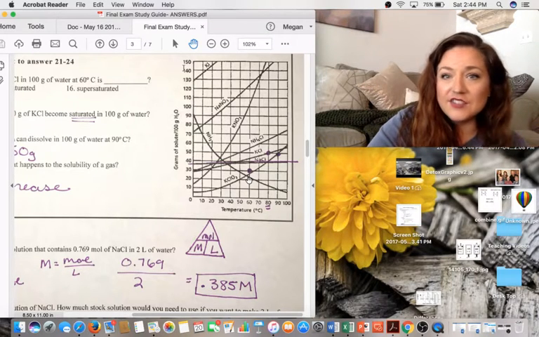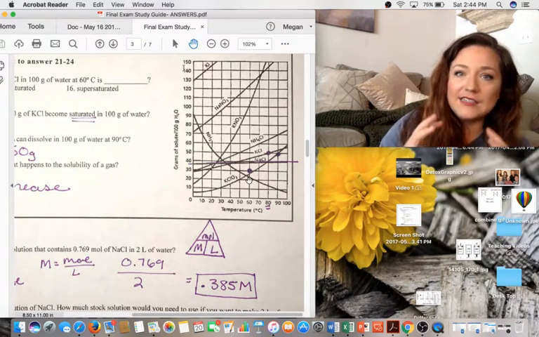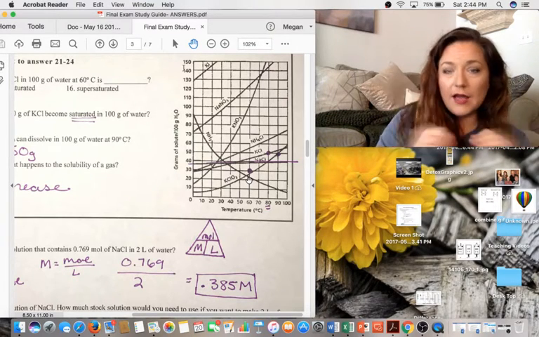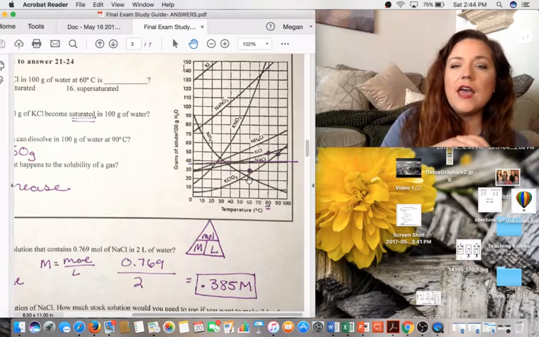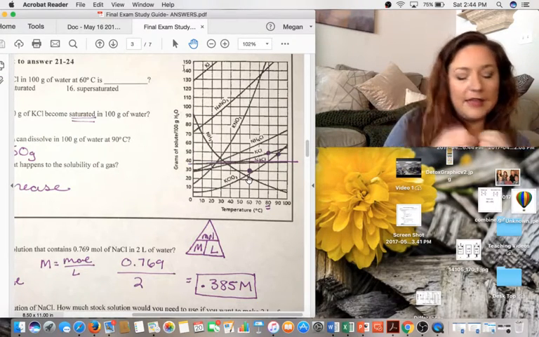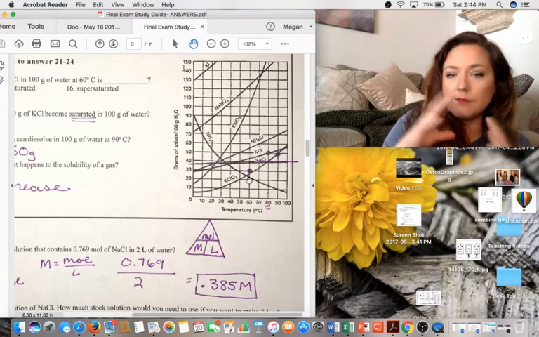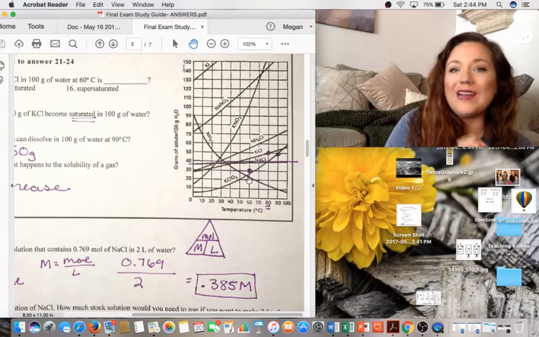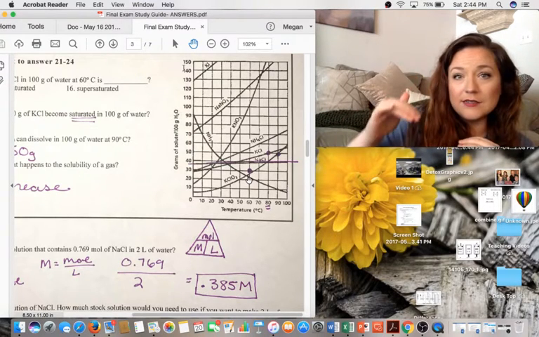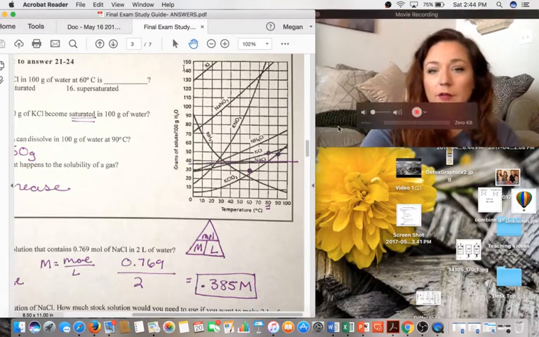Remember that gases are unique, that when gases are heated up, the molecules are bouncing around, they have more kinetic energy, and thus they collide and they are bouncing and they have that elasticity and they are not able to be dissolved. So thus, whenever you increase your temperature, you will decrease the solubility of a gas with a liquid.